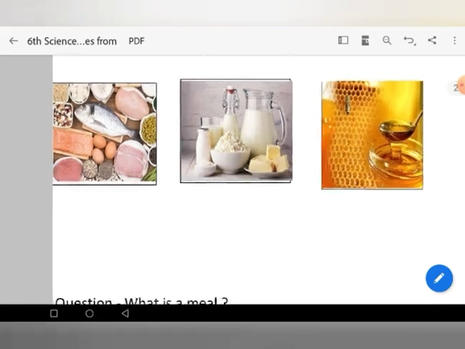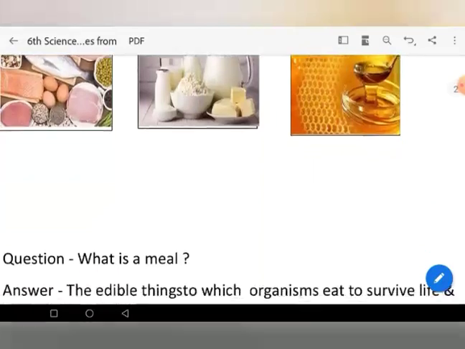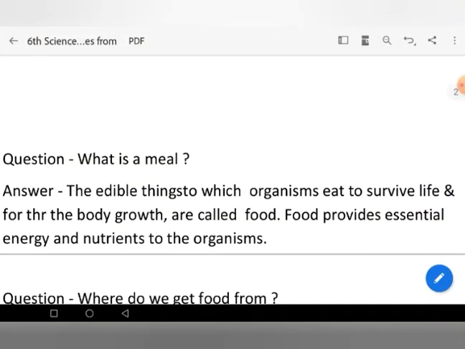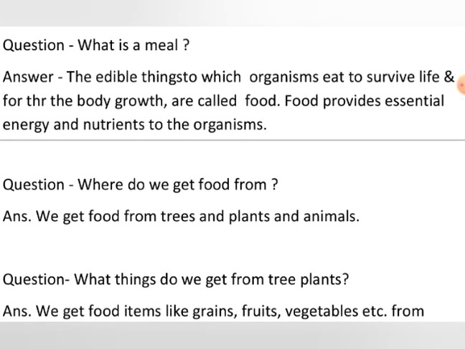So let me discuss here. Of the pictures, we have explained already many things. It will be easy for you now to understand the question we are going to discuss. So the very first question of the chapter is, what is meal? Or you also can say, what is food?